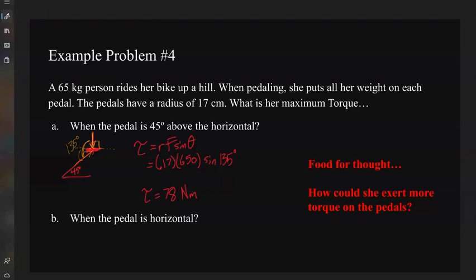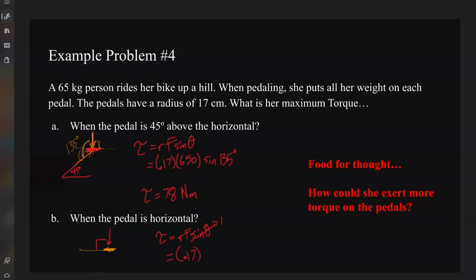Okay, so that's when the pedal was 45 degrees above the horizontal. Now it's what about when it's horizontal, because the force of gravity is straight down and now our angle is 90 degrees, which means RF sine theta, this sine theta will be sine of 90 degrees, which is 1. So now we can just say the torque is RF, so 0.17 on those same 17 centimeter pedals, times her force.